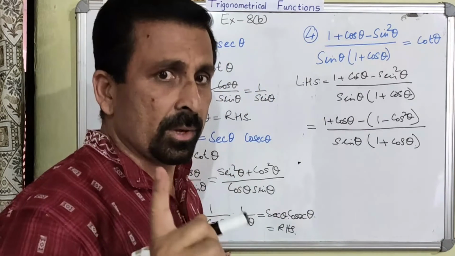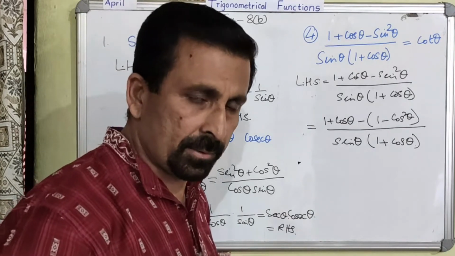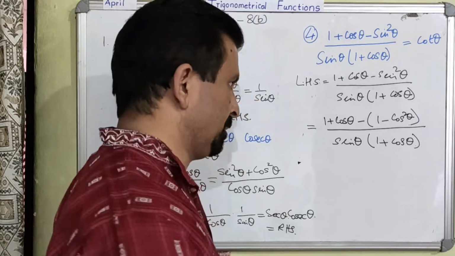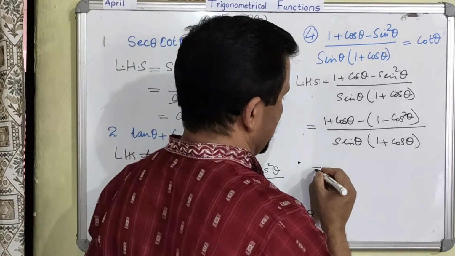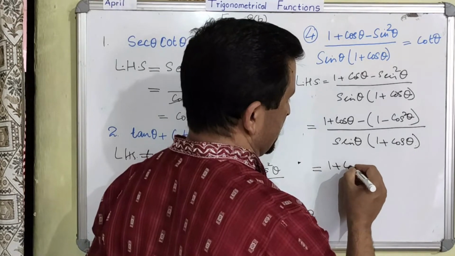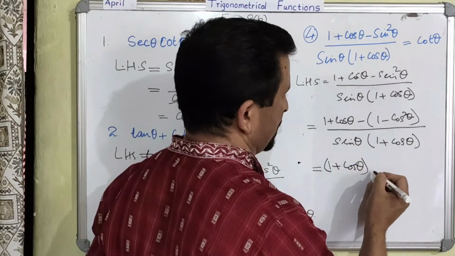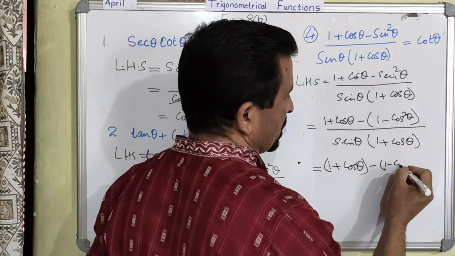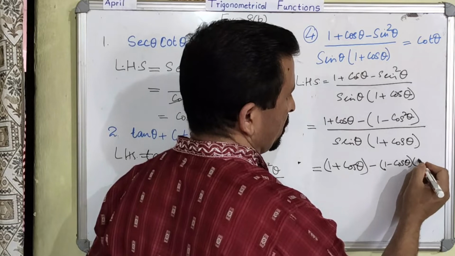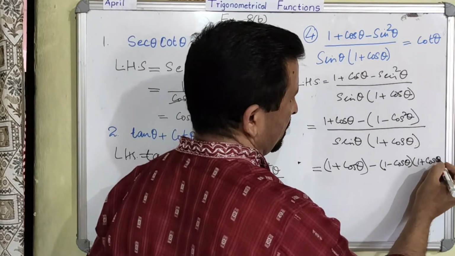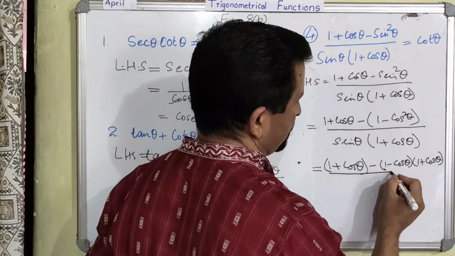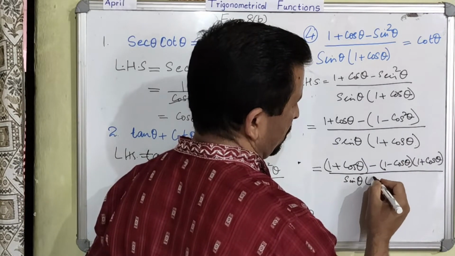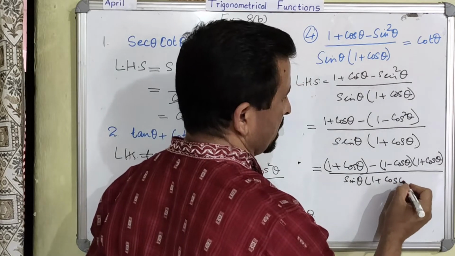Difference of a square is a square minus b square, and the factor of this a square minus b square will be a minus b into a plus b. So we can write it as it is. We can write this as 1 plus cos theta as it is, and minus this will be factorized 1 minus cos theta into 1 plus cos theta, divided by, as it is, sin theta into 1 plus cos theta.